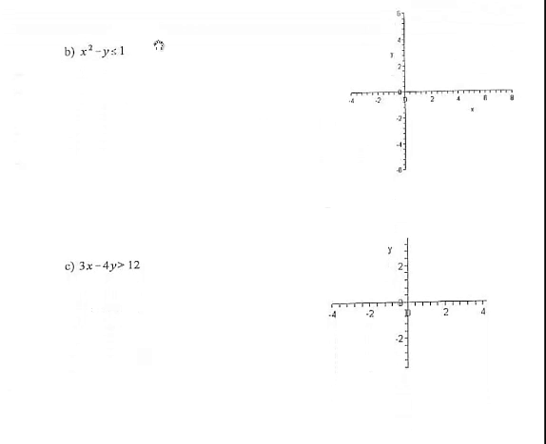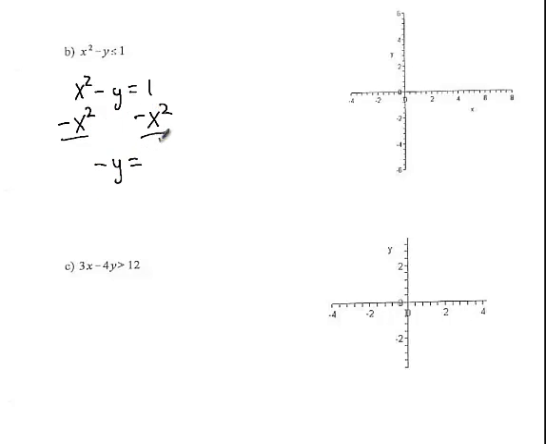This one is nonlinear, but the same principle applies. Just replace the inequality with an equal to sign and graph it in the usual way, and then pick a point on one side of the line and then pick a point on the other side. Whenever we graph things, we usually orient it to where the y is by itself.